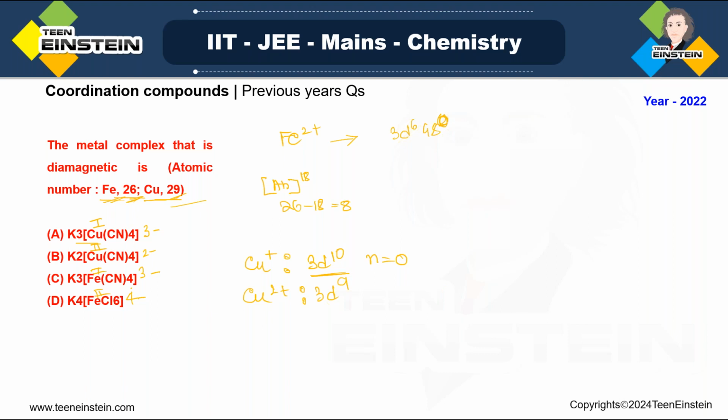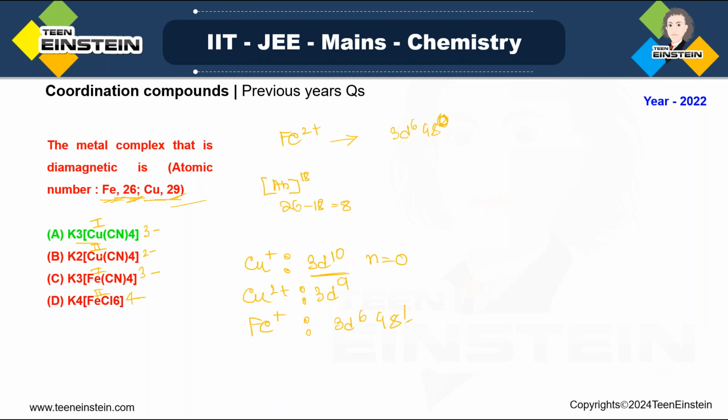So Cu 2 plus, and then we have iron 1. When it is iron 1 plus, we have 3d6 4s1. You can bring this electron into 3d, so it will be treated as 3d7. But we have already found our answer, as there is no unpaired electron. So this will be the correct option, and as it is a single choice answer, you can easily choose option A as the correct option.